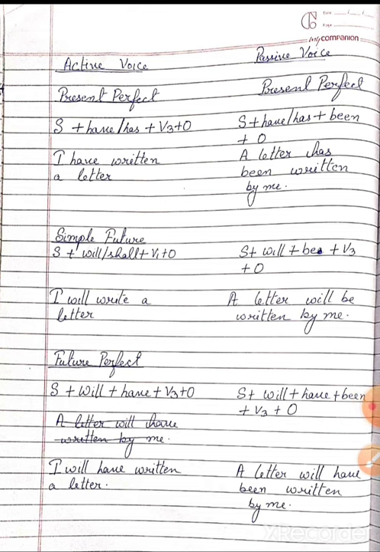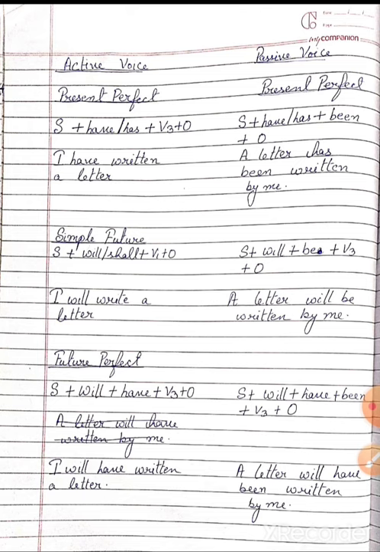In our last exam, that is during our half yearly exam, we discussed active and passive voice and concentrated on some of the tenses: present indefinite tense, past indefinite tense, present continuous tense and past continuous tense.